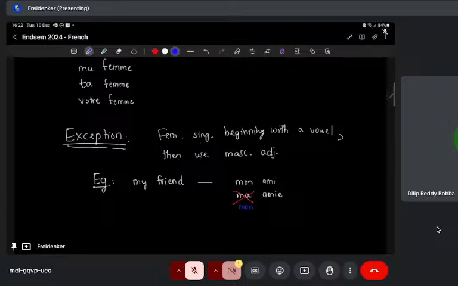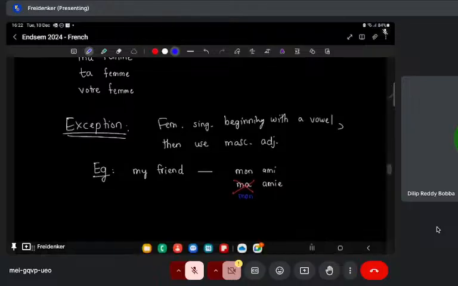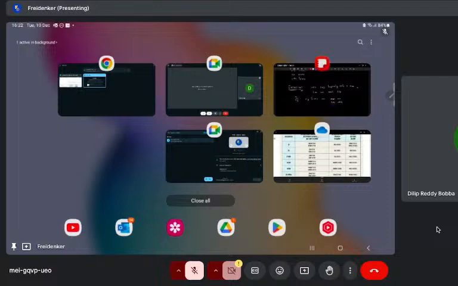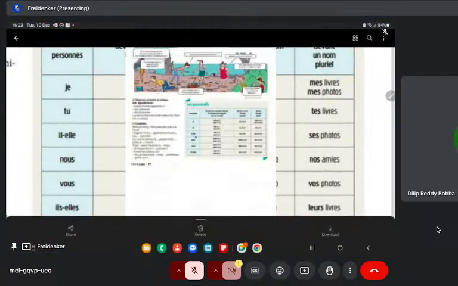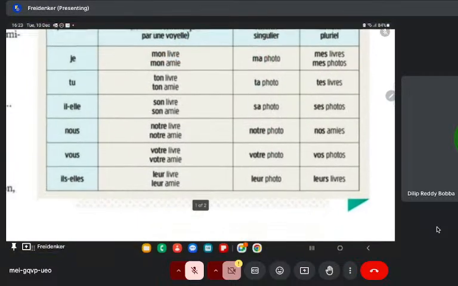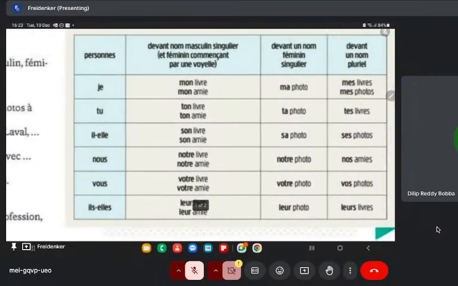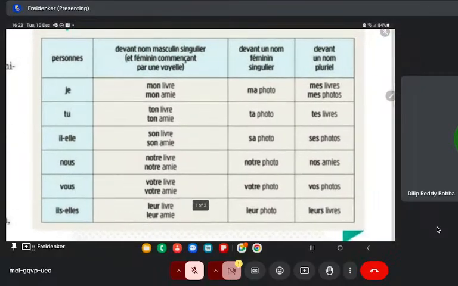Are there any other examples? I don't know, but we'll see. This is one example. I think the table is filled with exceptions. So the amie is the exception. It's a feminine singular word with a vowel beginning.